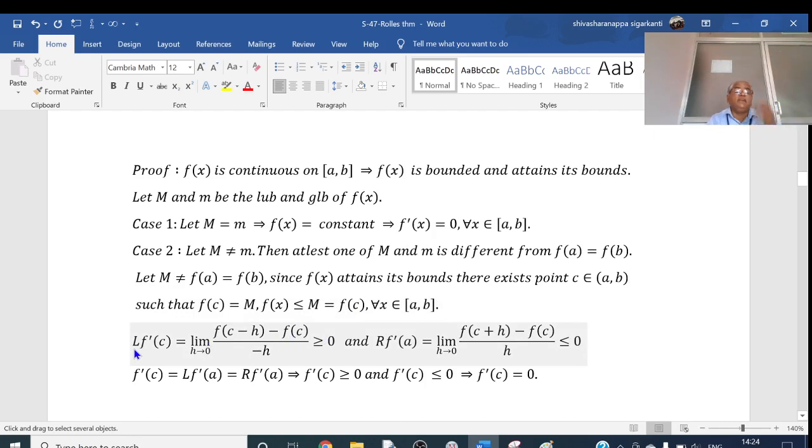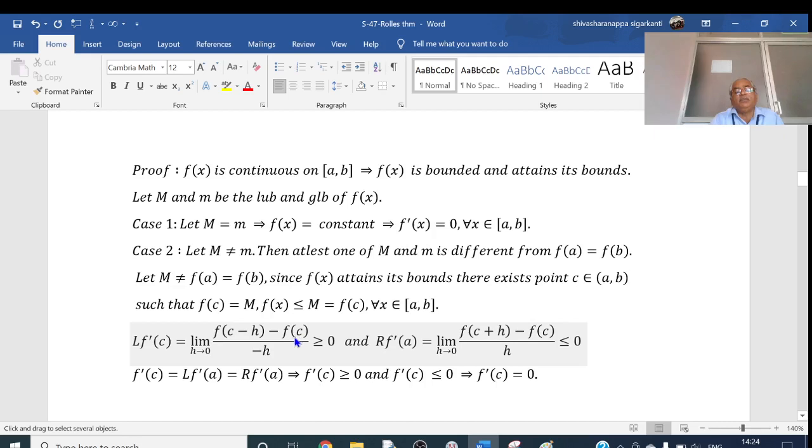Now consider the left hand derivative. The left hand derivative at c, L f dash of c, is given by the limit as h tends to 0 of f of c minus h minus f of c, divided by minus h.